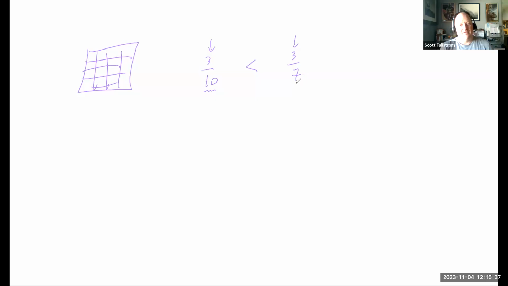So again, if you have fewer pieces, the fraction's going to go up. So this is a kind of a big piece as the denominator goes up. So if you go from 3/7 to 3/10, then the value or the size of the number goes down. Okay?